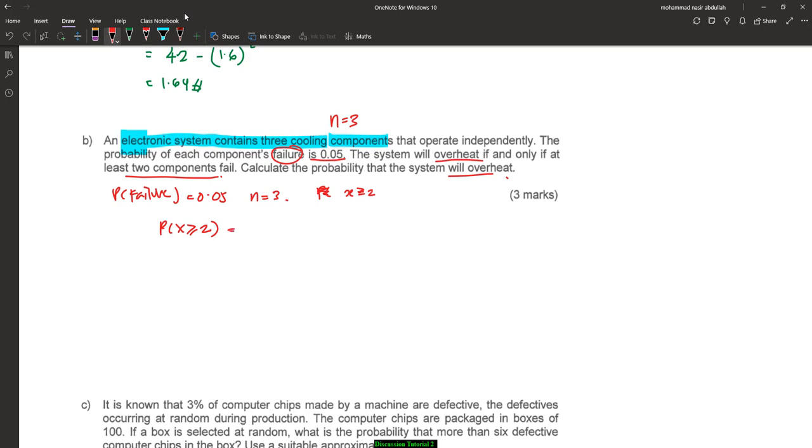So this one should be probability of x equal to 2 plus probability of x equal to 3. So this is a binomial problem, right?